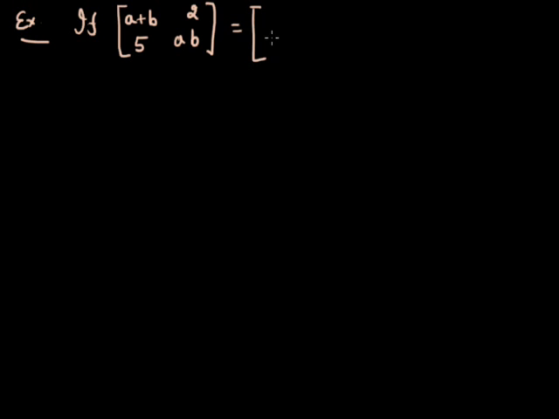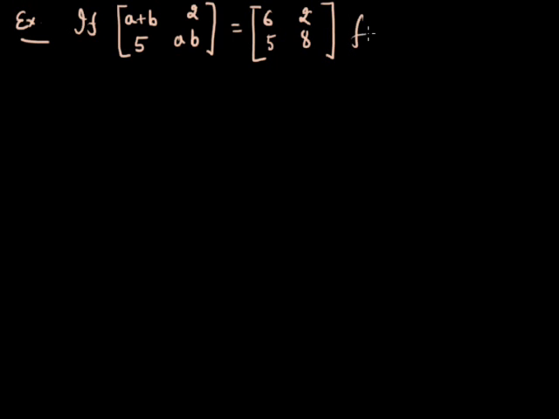अब इस पर किस तरह की प्रॉब्लम्स बनती है वो देख लेते हैं. For example, [A+B, 2; 5, AB] is equal to [6, 2; 5, 8].